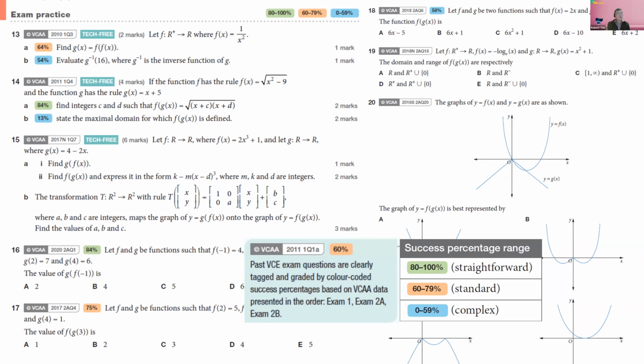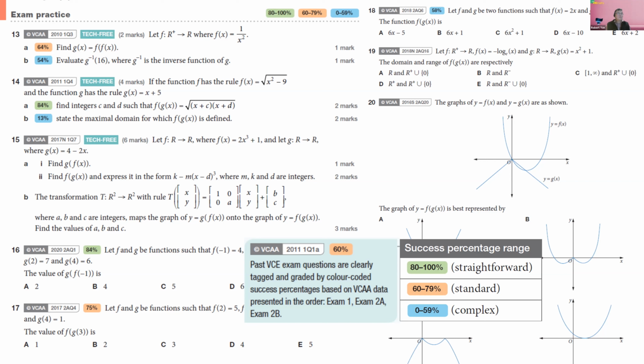And then the third section is called exam practice, and that's exactly what it is. It's unusual, but this screen actually has all exam questions, past VCE questions. So students are practicing actual past VCE questions.